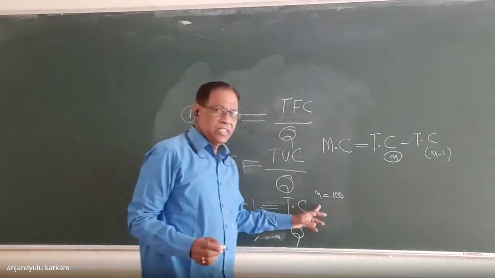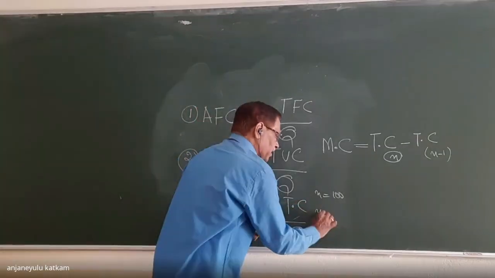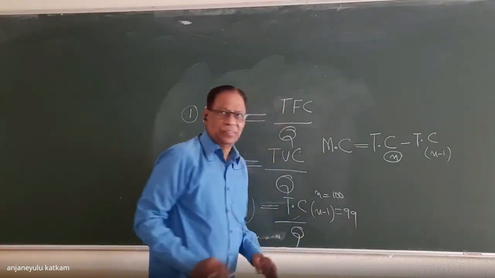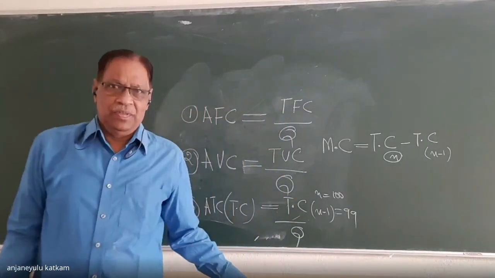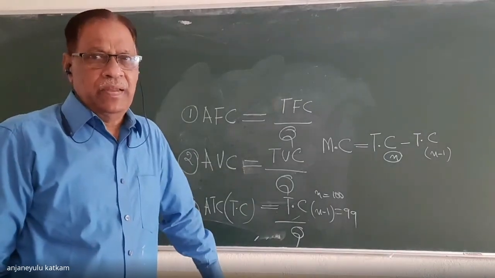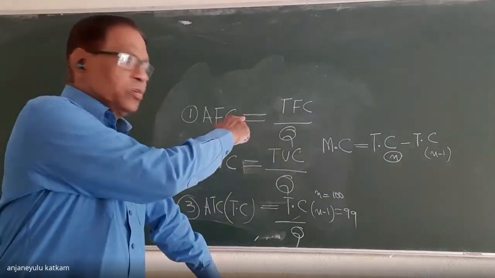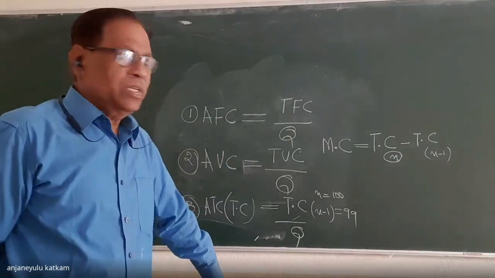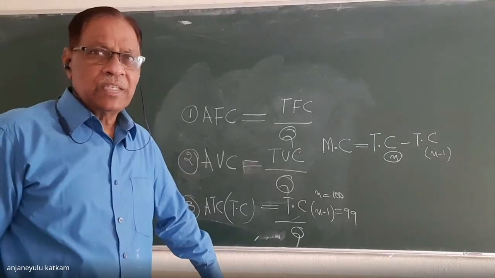When n is 100, n minus 1 is equal to 99 units. So this is the equation to calculate marginal cost: marginal cost equals total cost of n units minus total cost of n minus 1 units.